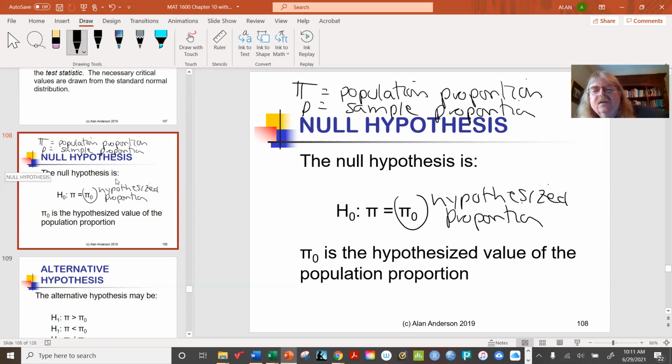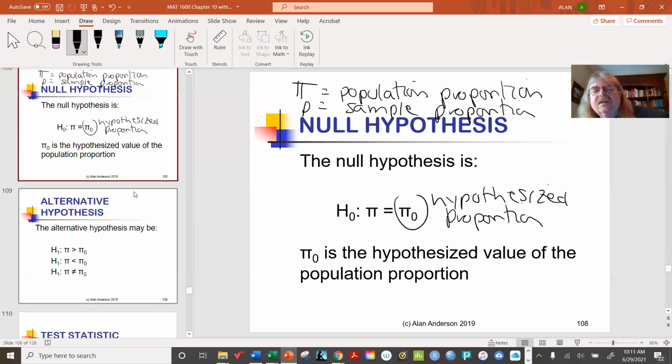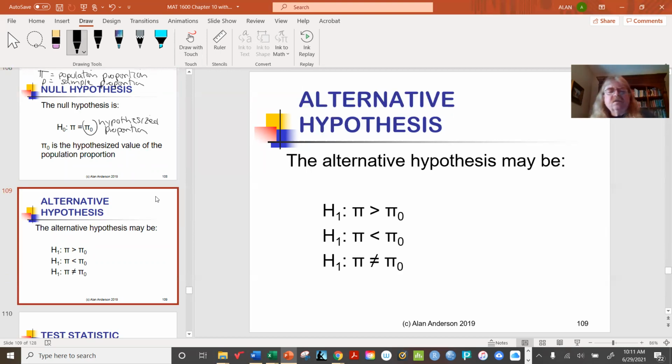All right. Now, the alternatives, as always, there's 3 possibilities to choose from: left, right, and two-tailed. But they're, of course, going to be written a little differently because now we're dealing with the population proportion. But this should come as no surprise to you. This is my right-tailed test.